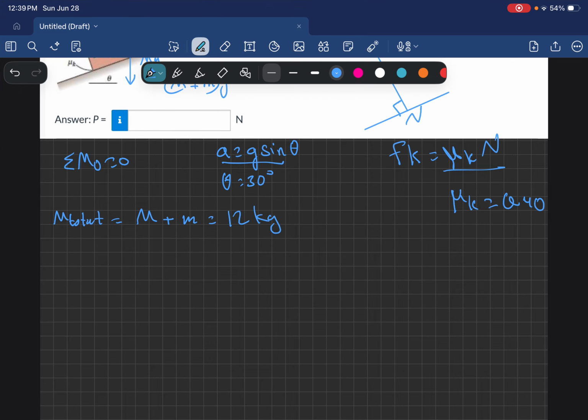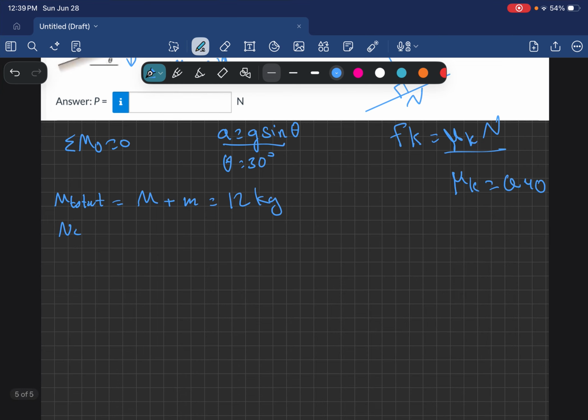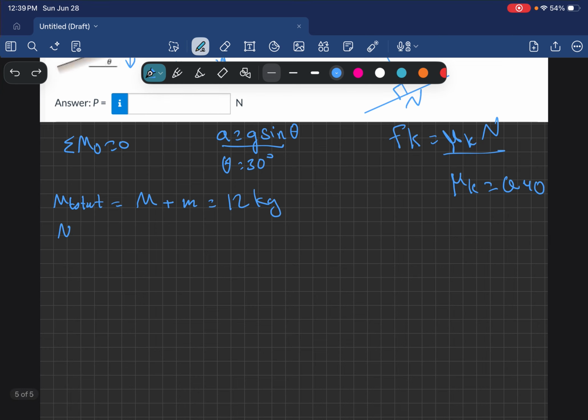And then for the normal force, we have N equals capital M plus m times g cosine theta. For theta, we know that's 30, g is gravity, 9.81 meters per second squared, and this we got from up here, which is 12.